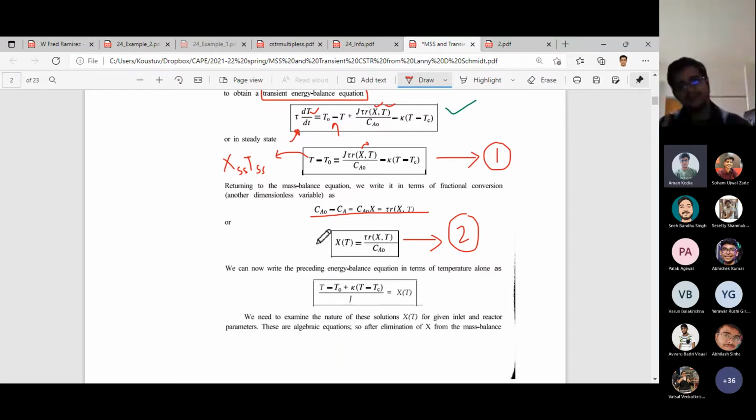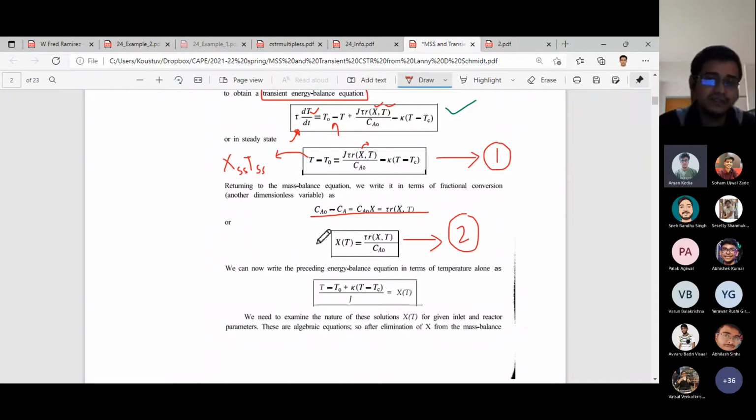Now, at this stage, one can easily solve it and see that X and T can have multiple values, or they can have a single value. That is why sometimes you can have multiple steady states and sometimes a single steady state. So let us proceed further.